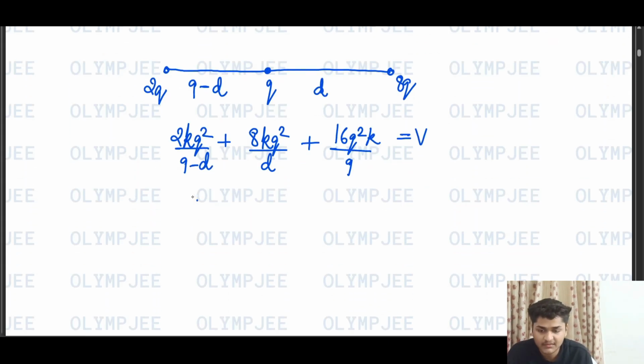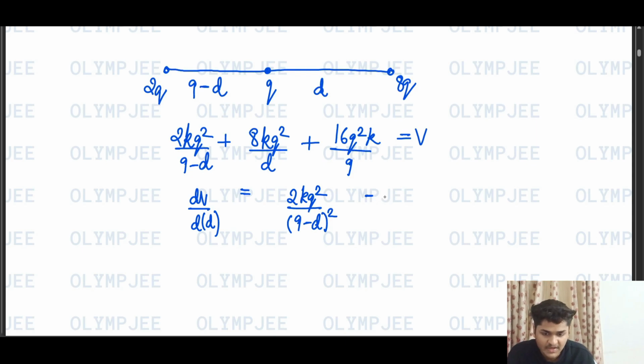So I will take the derivative in terms of D. Since this is constant, its derivative will be 0, and this has 9 minus D. So minus of 2KQ square by 9 minus D whole square, minus of, no sorry, this will become plus because there is one more minus over here.